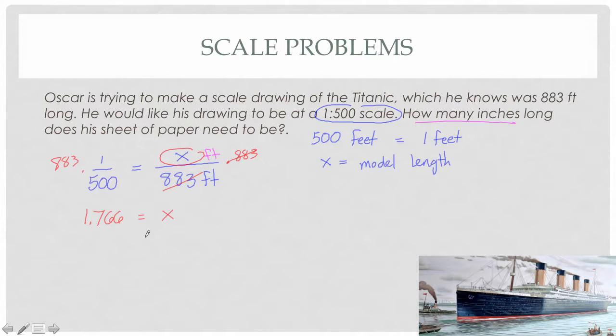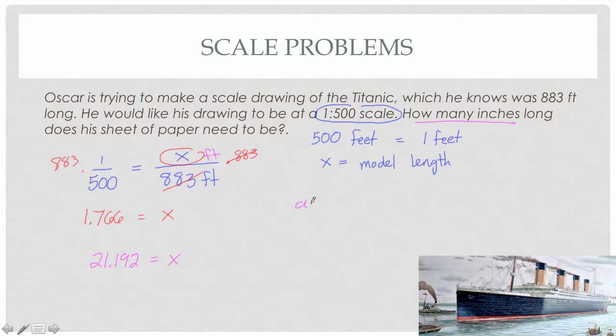But now I need to multiply it by 12 to convert it into inches, 12 inches per foot. So I'm going to take 1.766 multiplied by 12, and we get 21.192 equals x. How many inches long?